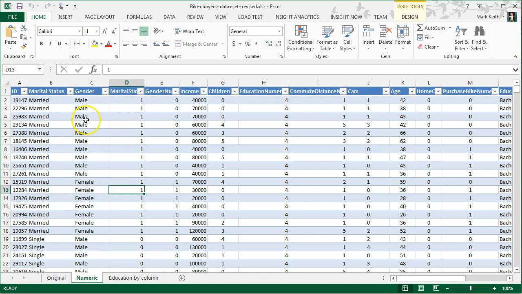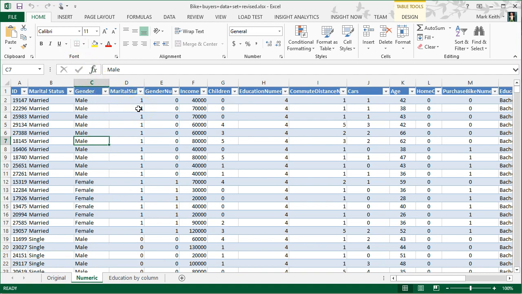So there's no order to these variables. We can't say that male or female or married versus single are higher or lower than the other. We simply have to know that in this case, 1 represents married, 0 represents single, and it looks like 1 represents female, 0 represents male. Anyhow, let's go ahead and create or insert a scatter plot.